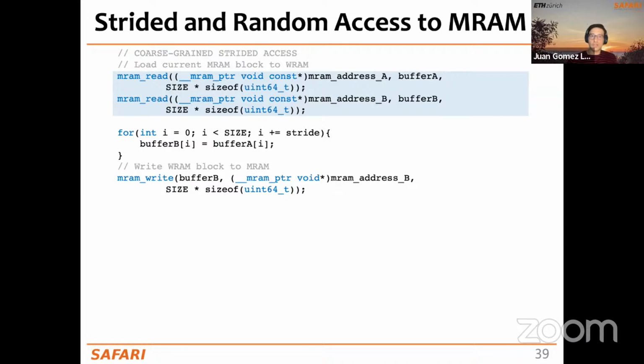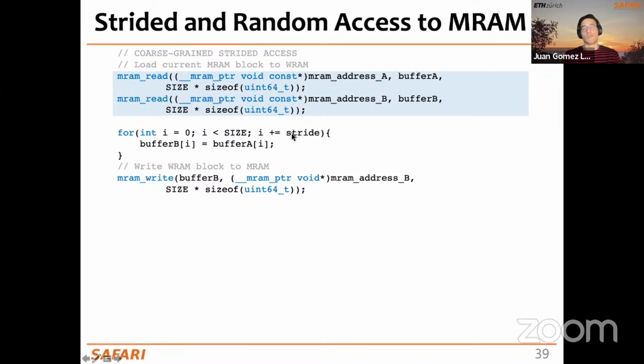In the coarse-grained strided access, what we essentially do is bringing a whole chunk of data from MRAM to the WRAM, and then we perform the accesses in WRAM in a strided manner with a certain stride. And this is what you can see here. Instead of increasing this index i by 1 in every iteration, we are doing it by a stride.